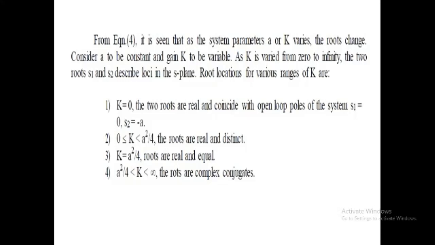The resulting roots are the breakaway or break-in points. The characteristic equation can be rearranged as B(s) plus k A(s) equals 0, where B(s) equals (s plus p1)(s plus p2) up to (s plus pn), and A(s) equals k times (s plus z1)(s plus z2) up to (s plus zm).